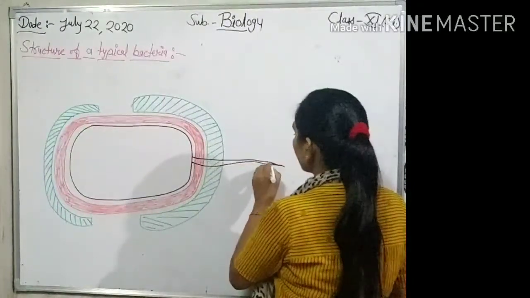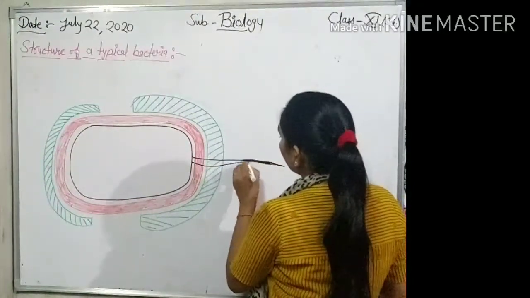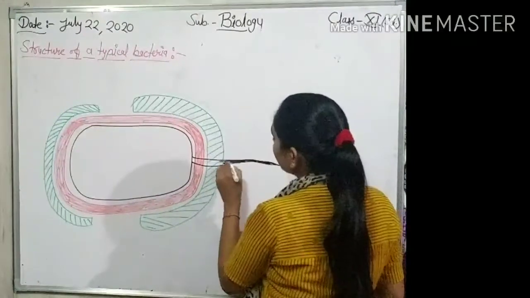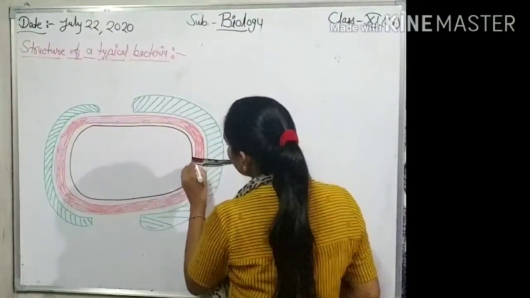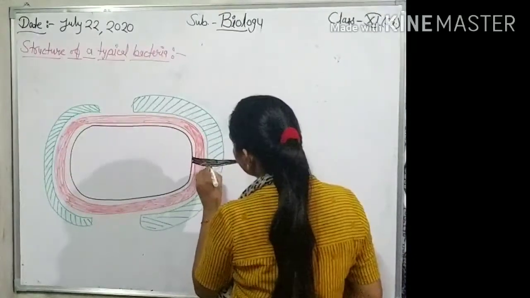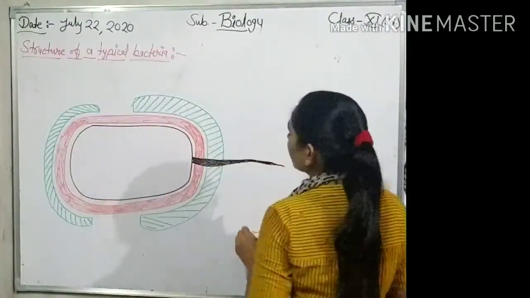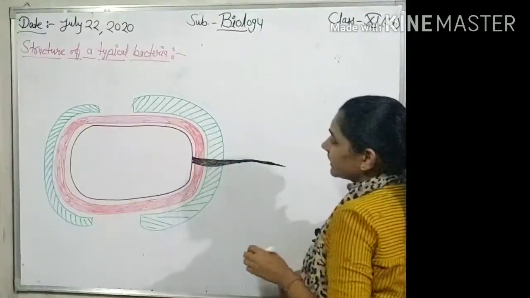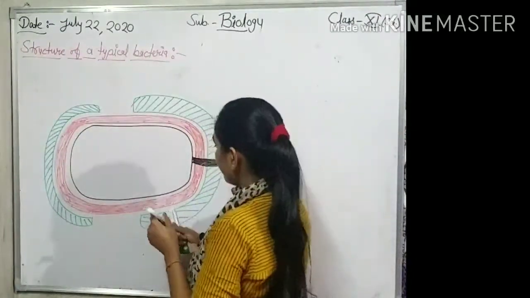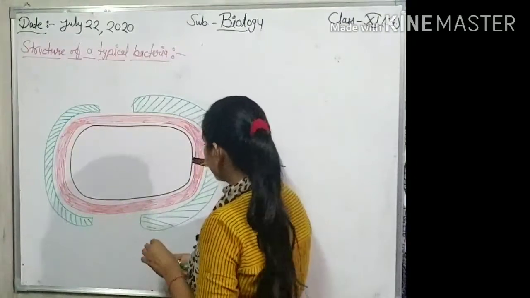A long filament structure emerges out from the bacterial cell, which is known as flagella. A long extension part.